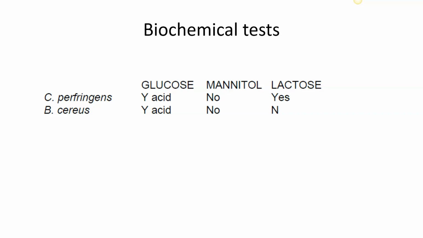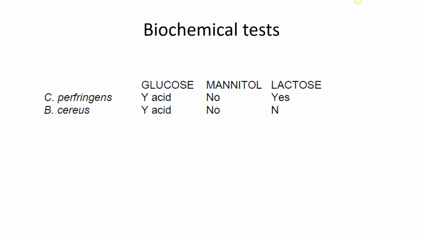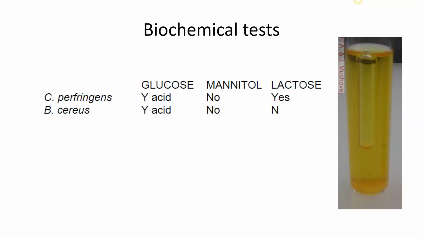Clostridium perfringens and Bacillus cereus will both ferment glucose and give you acid. They don't work on mannitol. Look at lactose. Clostridium perfringens ferments lactose whereas Bacillus cereus does not. So what you would do is inoculate a lactose broth with this and see what develops.